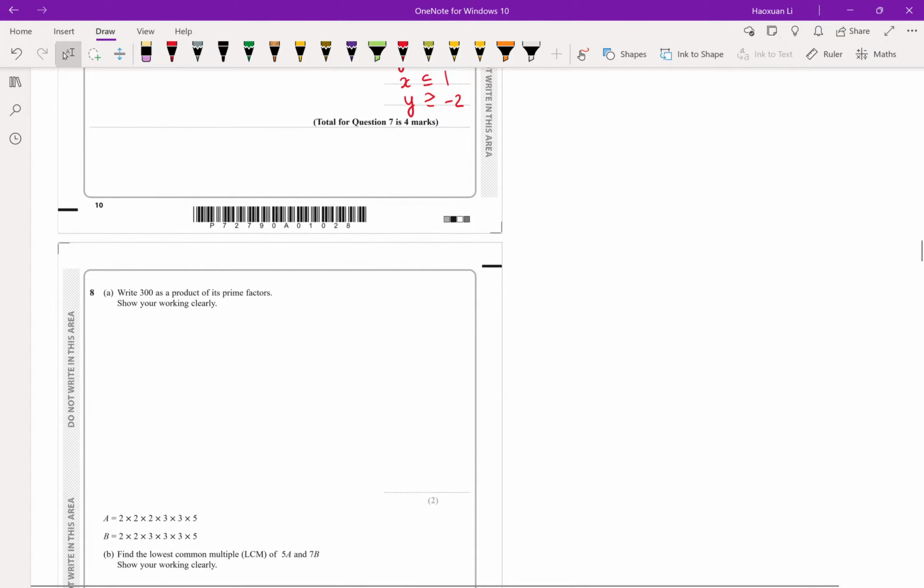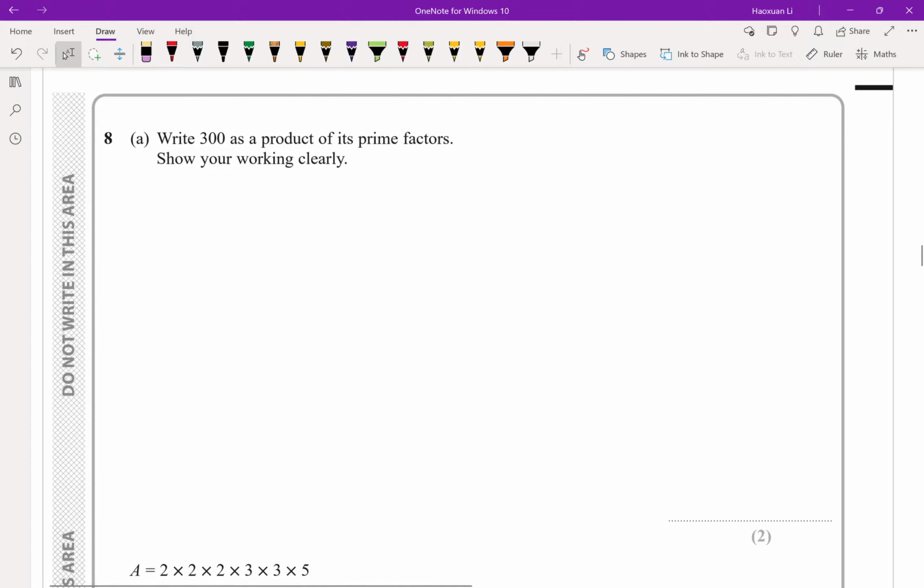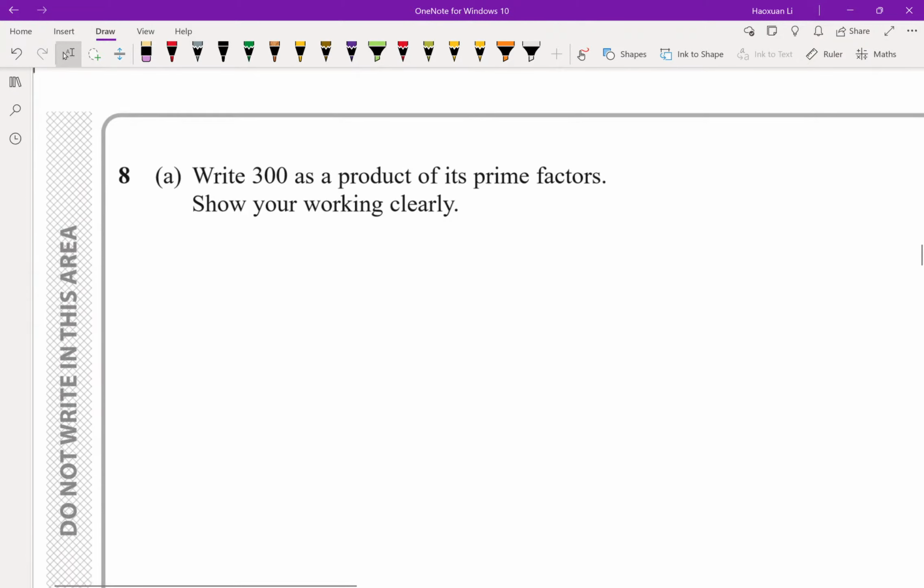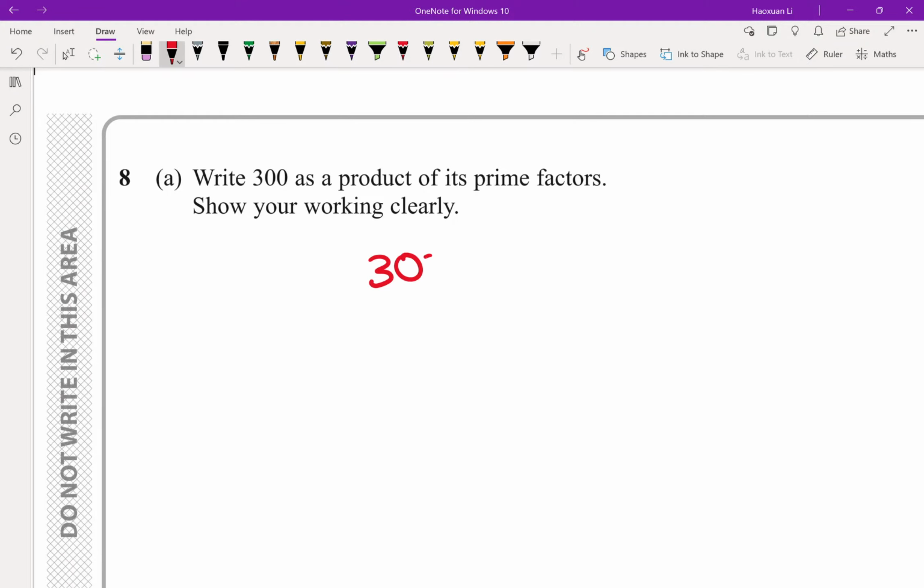Question 8. Write 300 as a product of its prime factors. Show your working clearly. So 300 is the number.